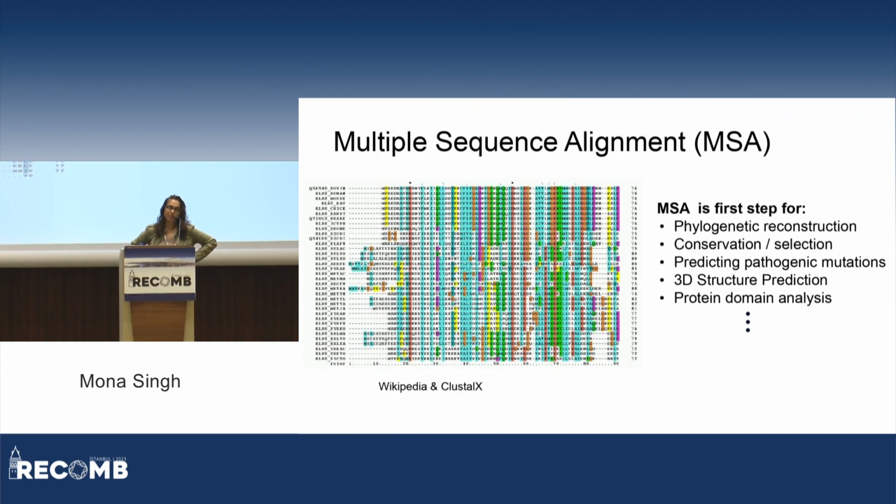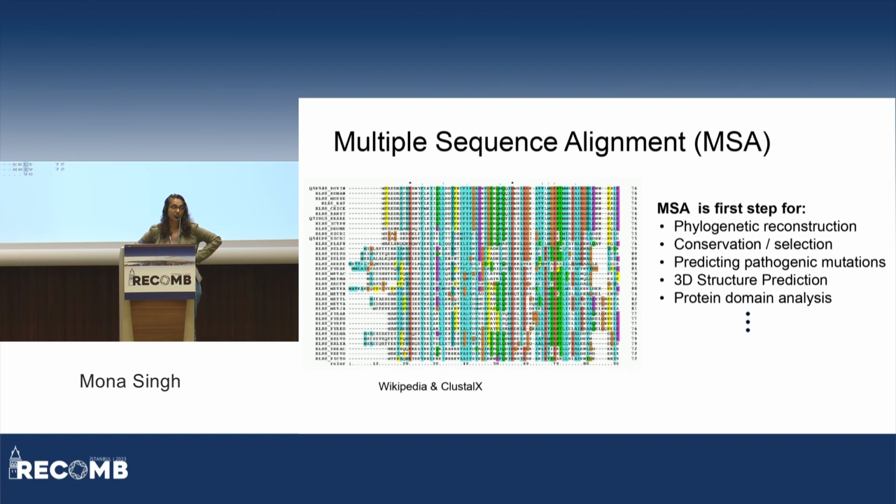So obtaining multiple sequence alignments is a really core problem in computational biology. It's one of the first things we learn about. On the left on this slide is a multiple sequence alignment taken from Wikipedia and made by ClustalX. It's such a central problem because it's a first step for many downstream analyses, including phylogenetic reconstruction and figuring out what parts of proteins are under selection or conserved.